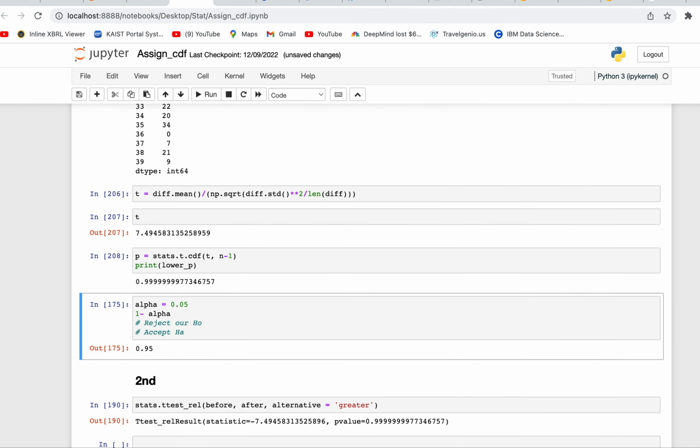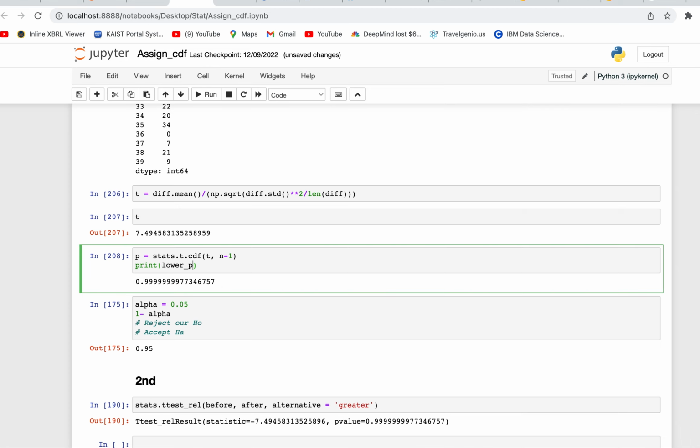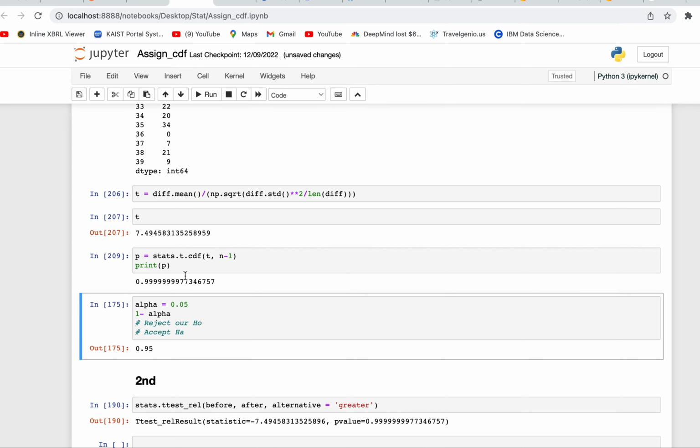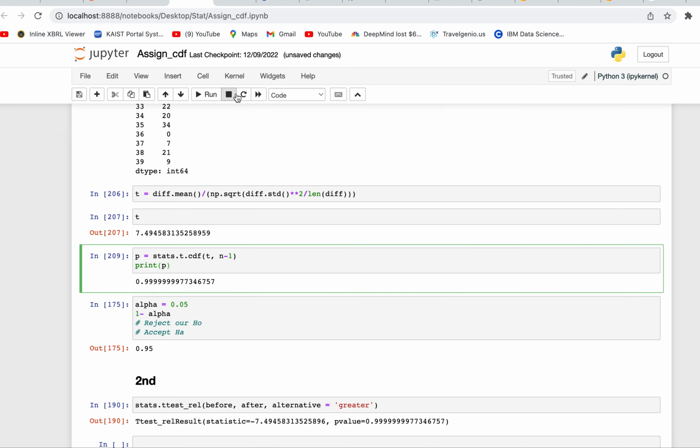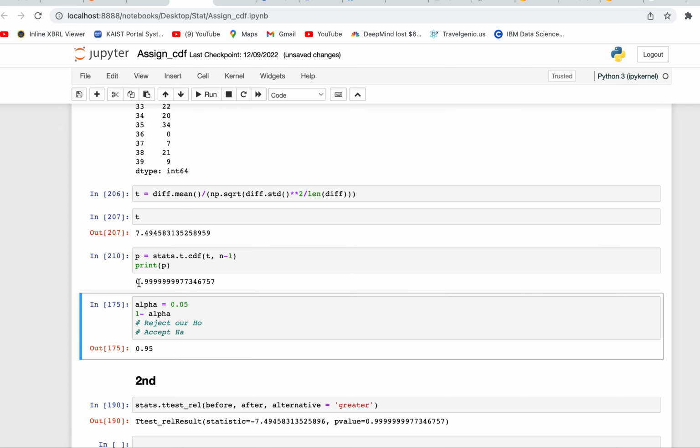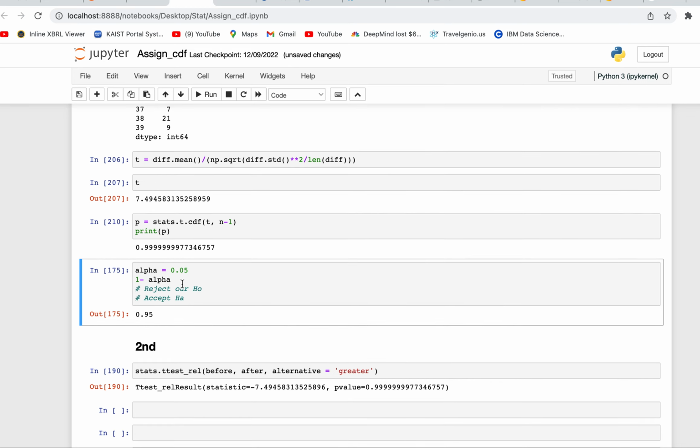If I print this, it will give me 0.999, almost equal to 1.